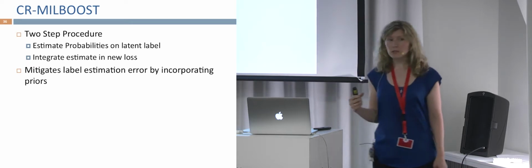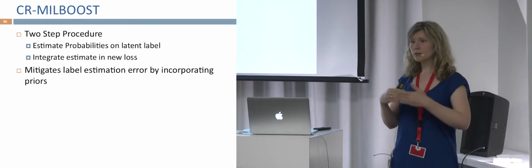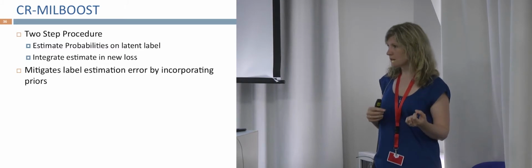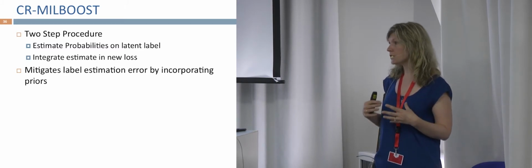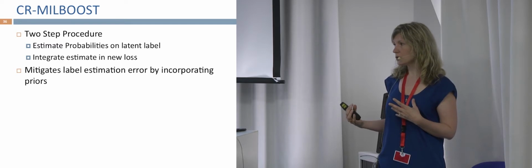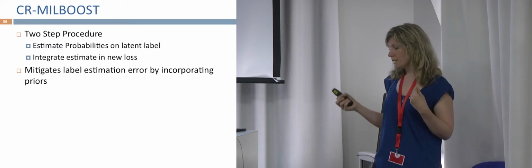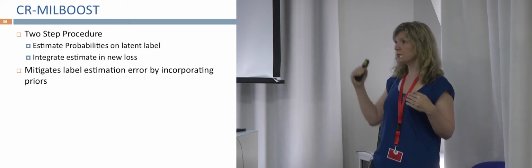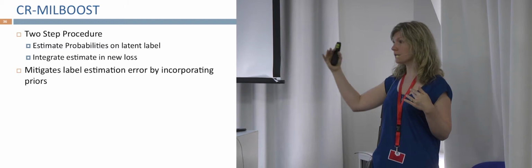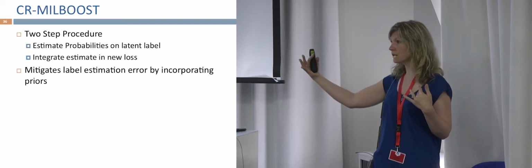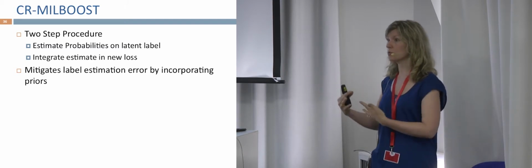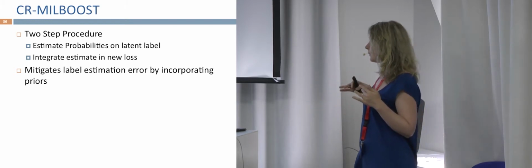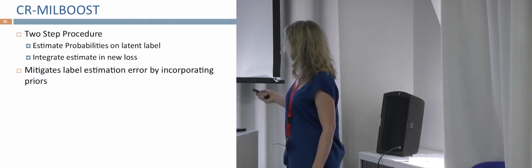So we essentially want to say, based on the first round of learning, which examples do we think are positive in the positive bag, and which examples do we think are negative? For the examples that we think are likely to be positive, we want to increase their contribution to learning. We want to say we trust these examples more. But for the examples that we think are not positive, we want to decrease their contribution.